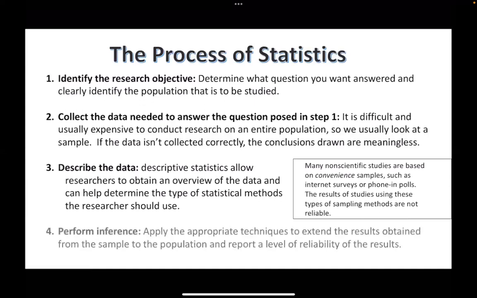And then the last thing you're going to do is draw your conclusions. You're going to say, based on this study, here is the conclusion that I'm making. For example, based on this sample, I can determine that between 82 and 85% of all RCC students have a job outside of school.